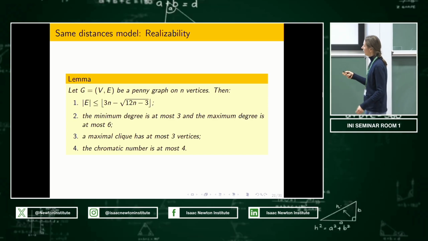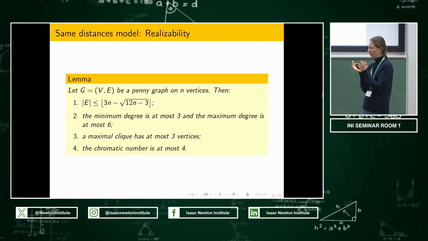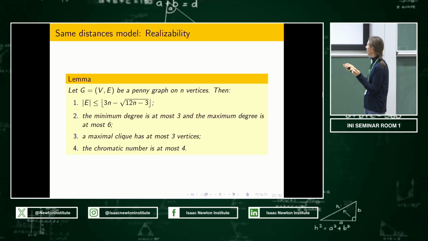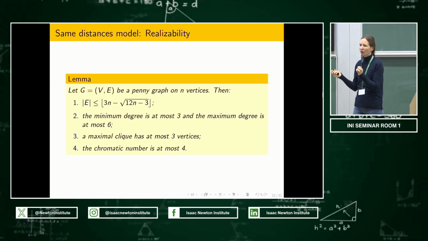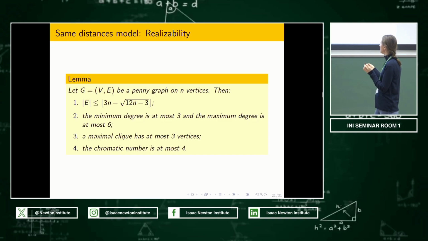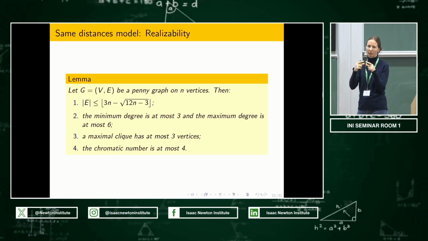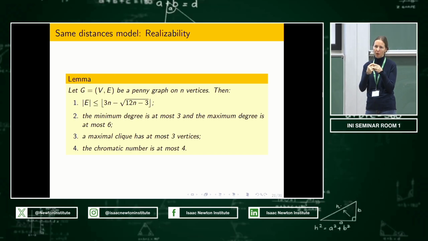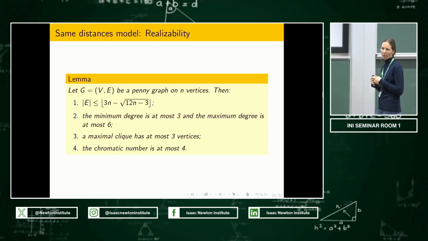The minimum degree comes from the fact that there needs to be a vertex that is convex, and then it can have at most 3 neighbors. And the 6 comes again from the kissing number, but now in 2 dimensions. A maximal clique has at most 3 vertices, because at most 3 points can be equidistant on the plane. And then the chromatic number is at most 4.